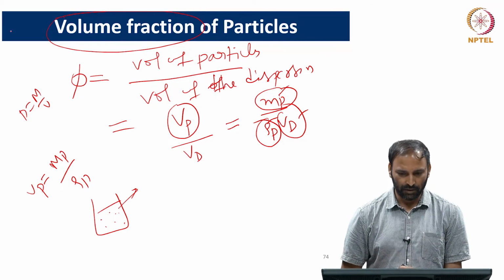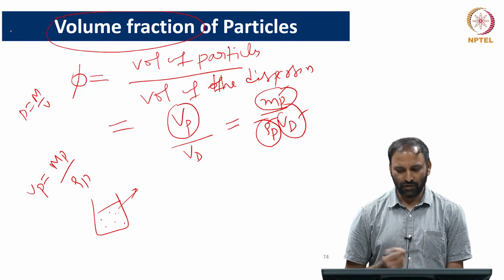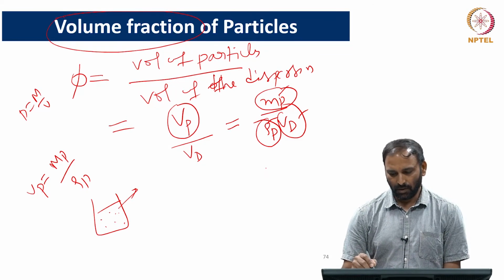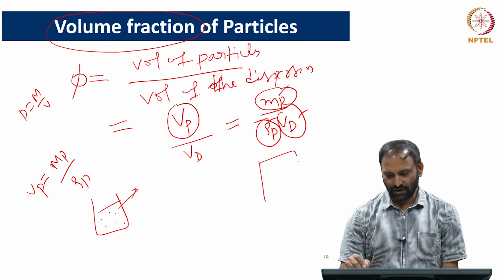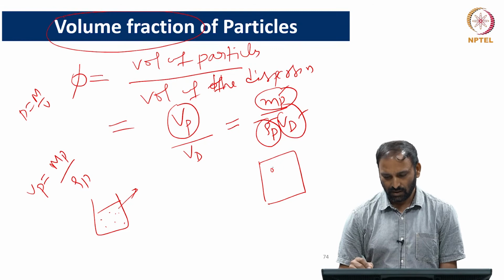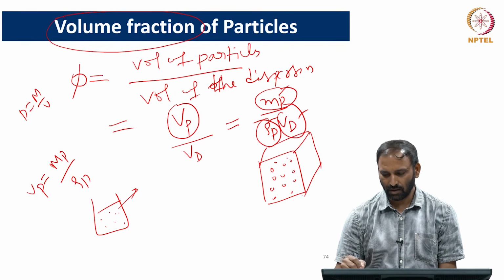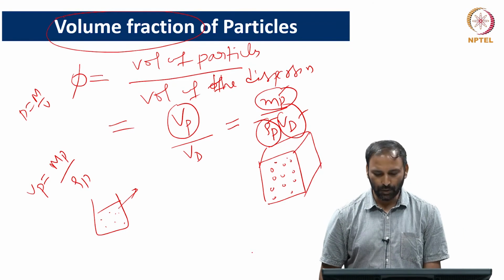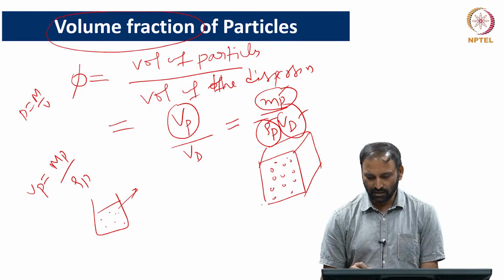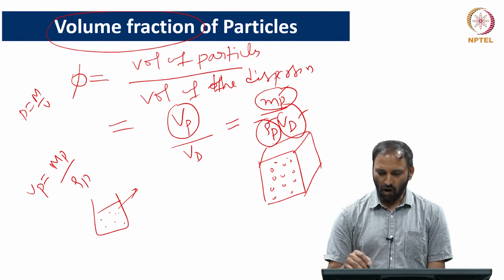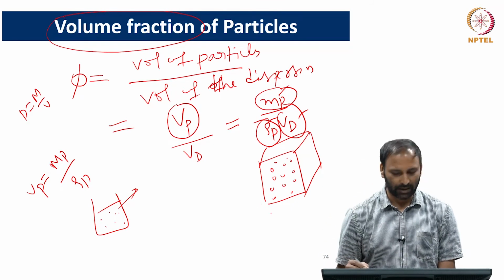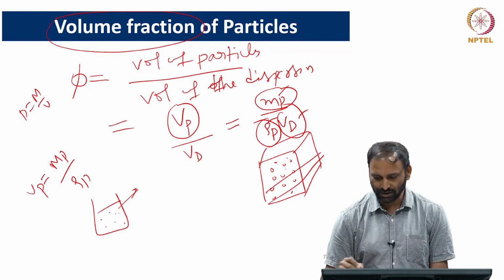Again, there are other ways of measuring particle volume fraction. For example, say that I have a dispersion that contains particles in a 3-dimensional volume. What you can do is get images of this container which has these particles, at every location.